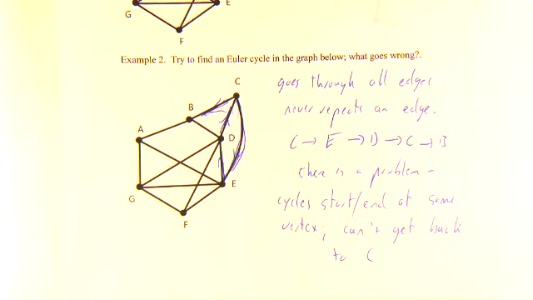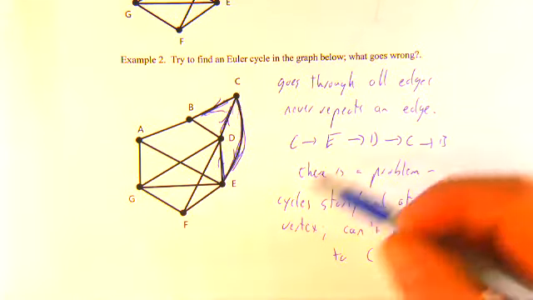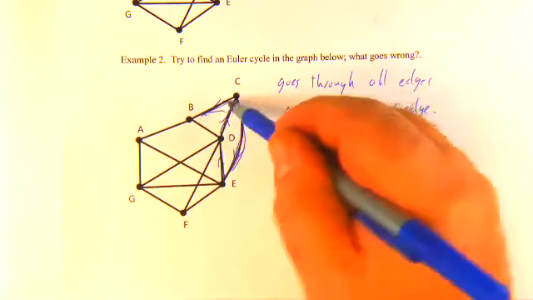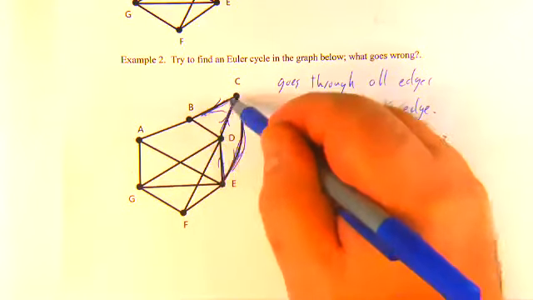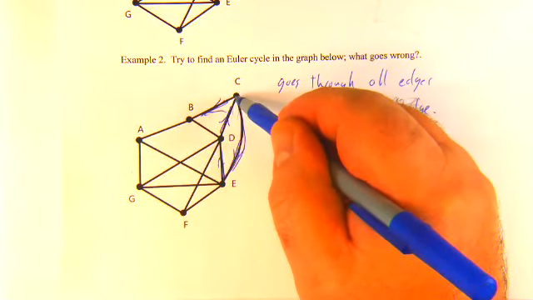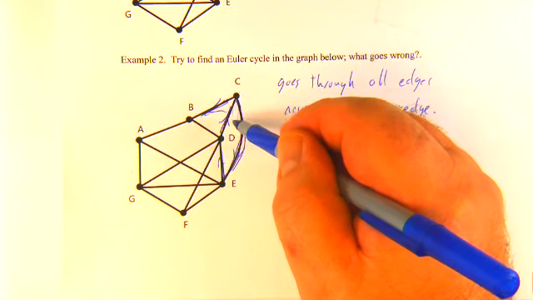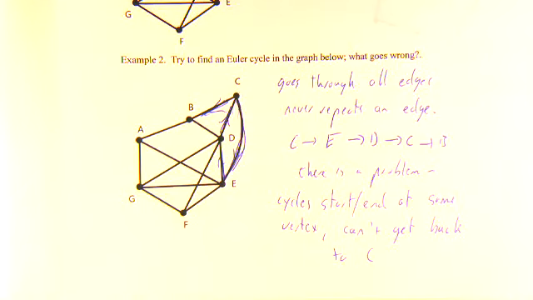So we can't have an Euler cycle. Regardless of how you try to build your Euler cycle, wherever you start, you're going to have a problem at C, because if you go into C, you have to come out of C. But there's this extra line here. So if you go into C there, and you're not allowed to repeat an edge, if you've done these 2 already, then you can't get back to C.